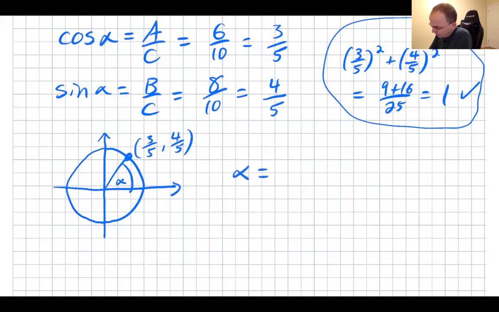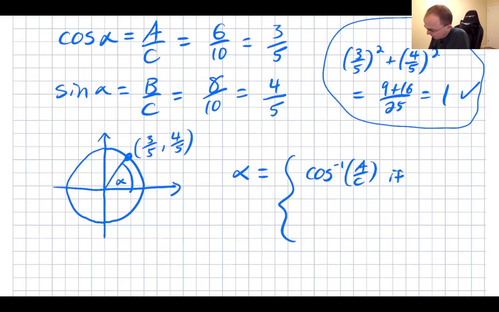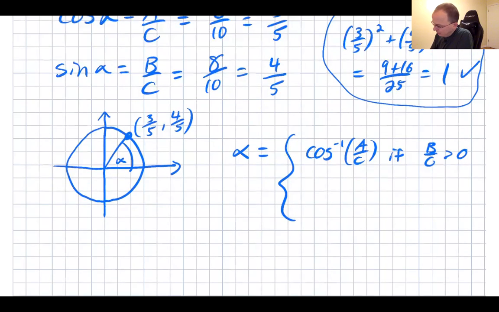So alpha will either be equal to cosine inverse of A over C if we're in the top half of the complex plane. So if this B over C is positive, or 0.